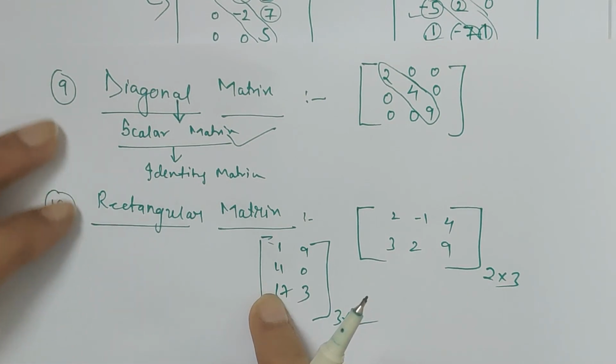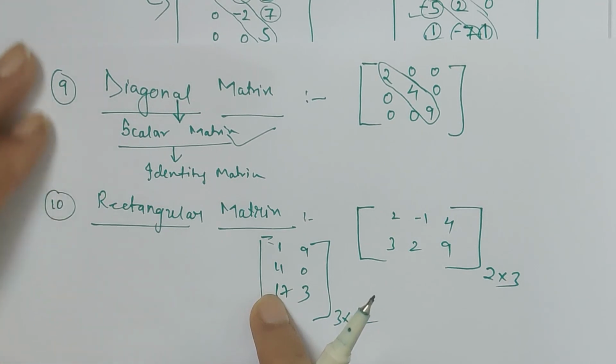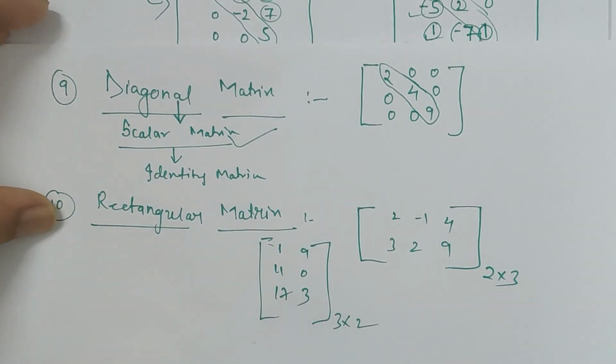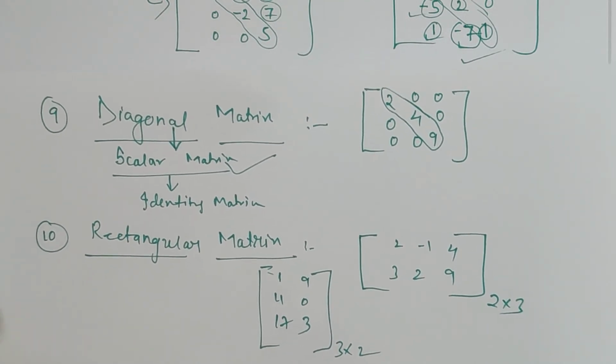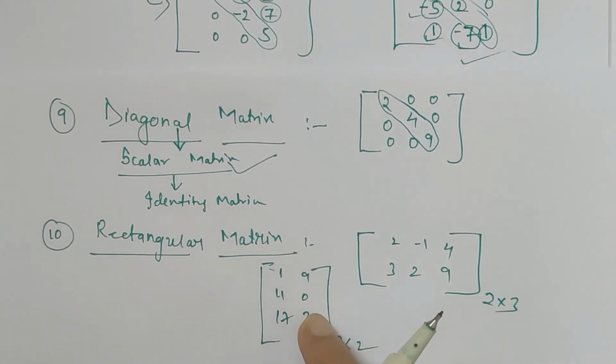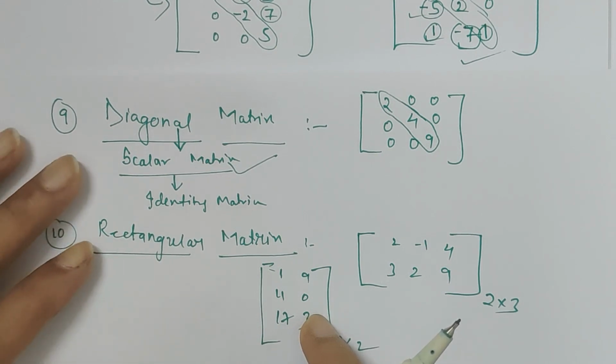So this is how we have discussed about different types of matrices. So total 10 different matrices we have discussed here. Hope you have understood it. And for symmetric and skew symmetric matrix, I request you to refer to my previous video for your better understanding. And these are all the most important different types of matrices that we have discussed in this video.